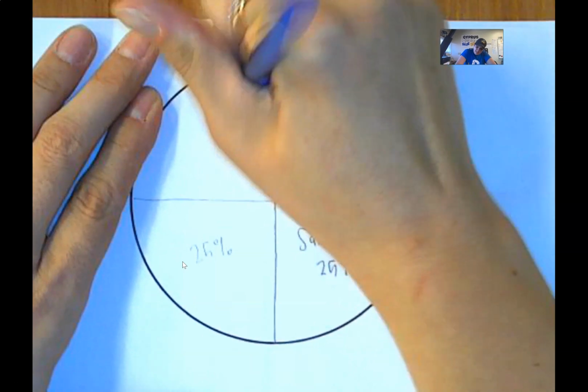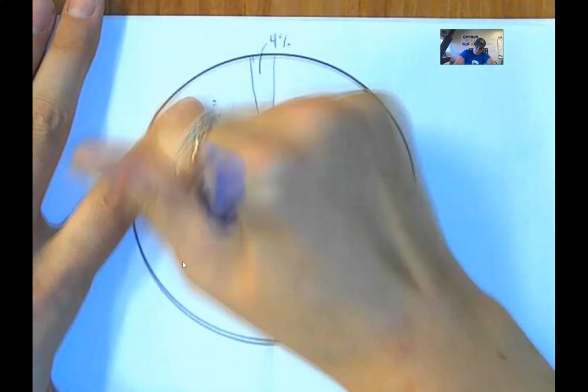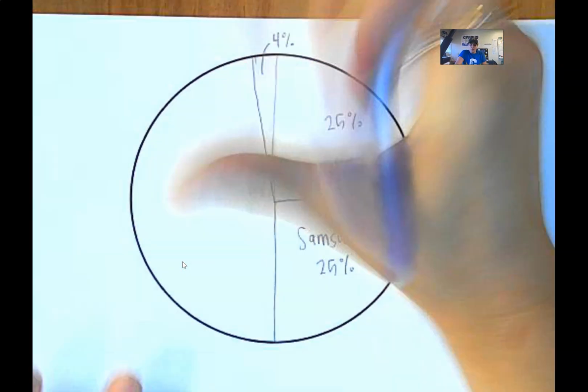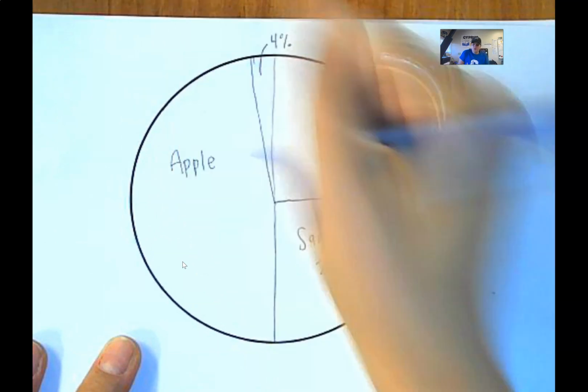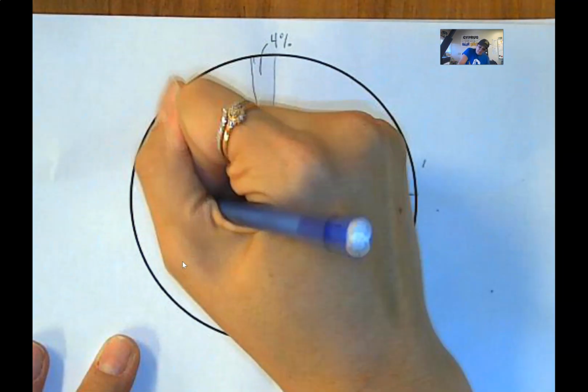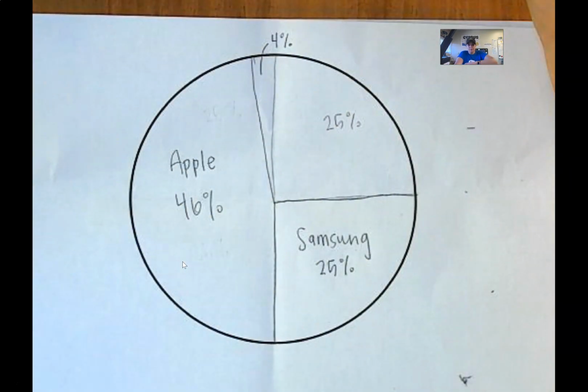And I'm writing it down because I'm using pencil and I can just erase it when I need to. So now what I have here is that this bigger chunk represents 46% and the brand Apple.